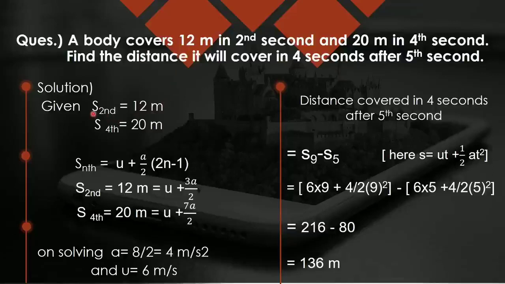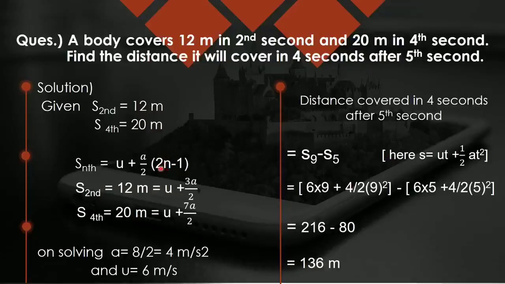As S second is given 12 meter, as S fourth is given 20 meter, and you know the formula for S nth, which equals u plus a by 2 into 2n minus 1, where n is of course the time. Here for the first case the time is 2 seconds and for the second case the time is 4 seconds. For the first case, where 12 meter is given, you put n equals 2.